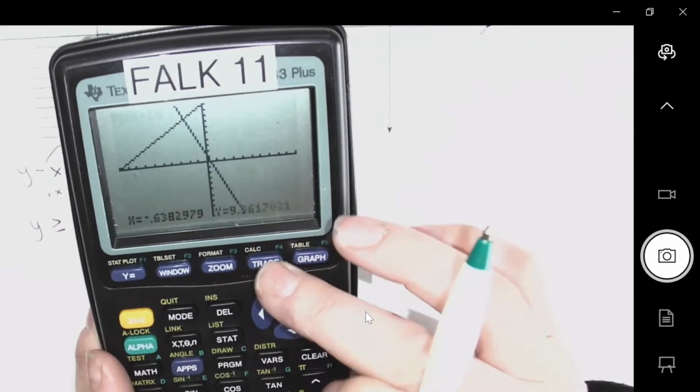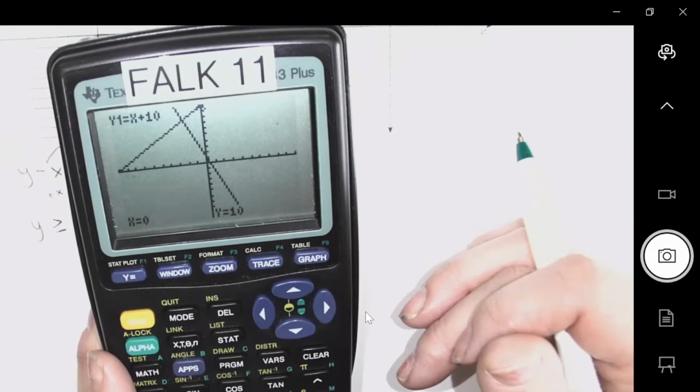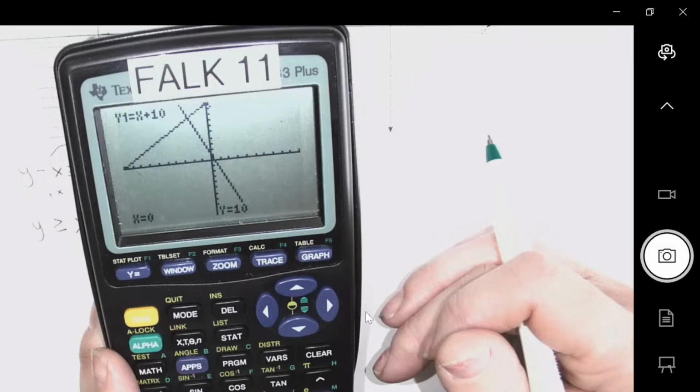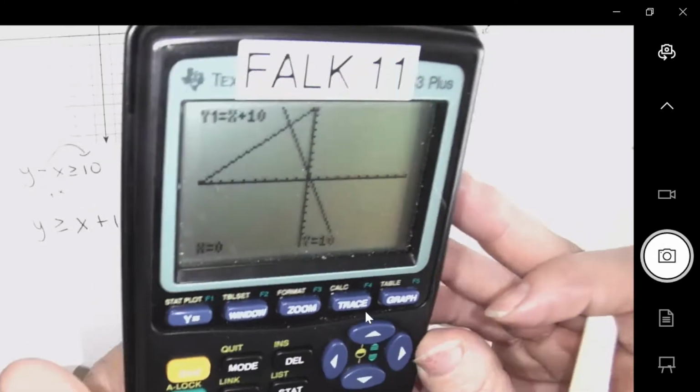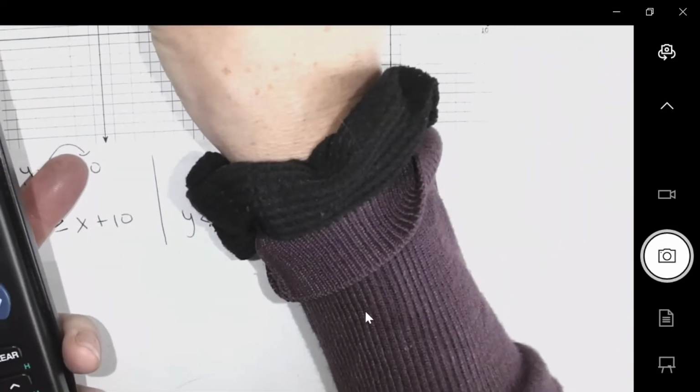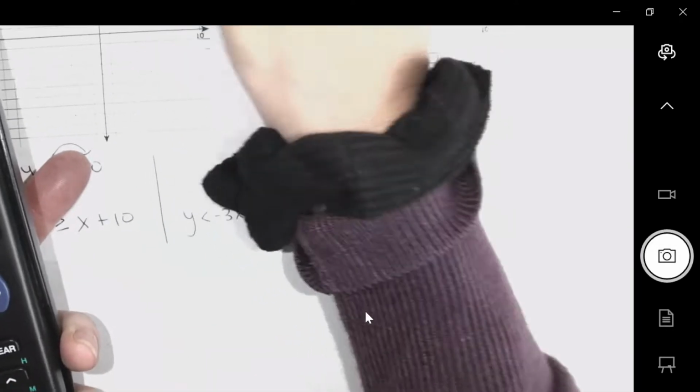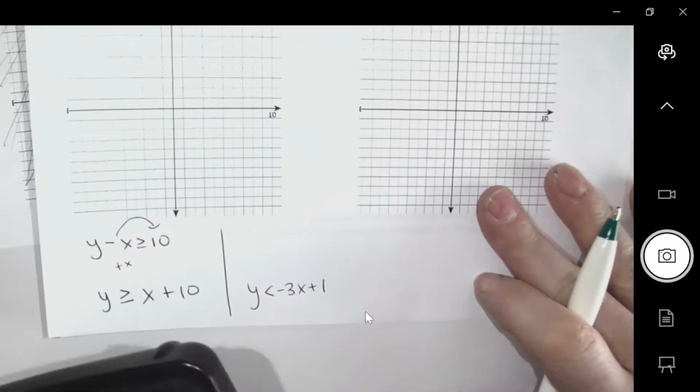Okay, so I'm going to hit trace. So I have a coordinate up there, 0, 10.